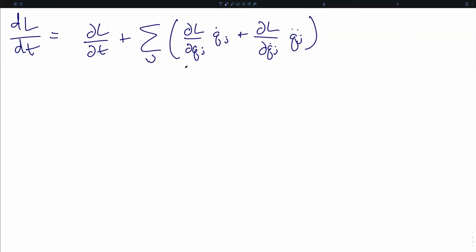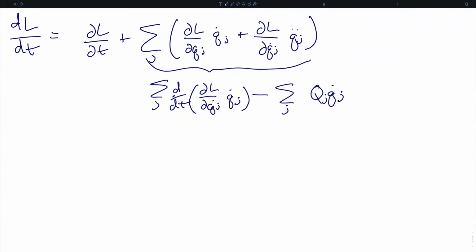And this part of the expression can be rewritten as the sum of the time derivative of the partial of L with respect to q dot j times q dot j, minus the sum over all of our generalized forces multiplied by q dot j.